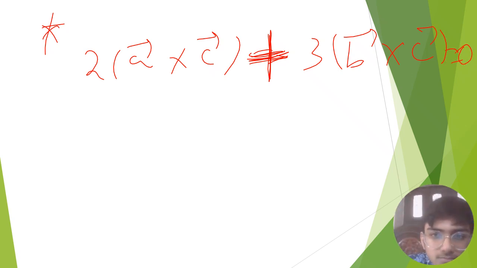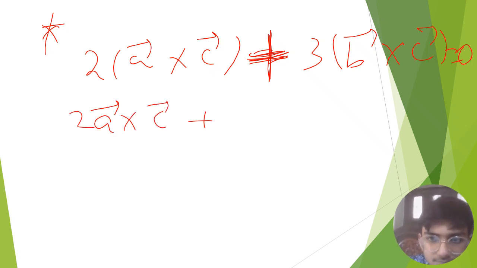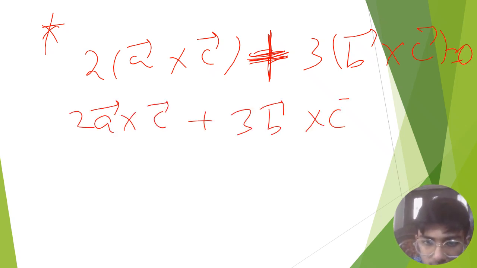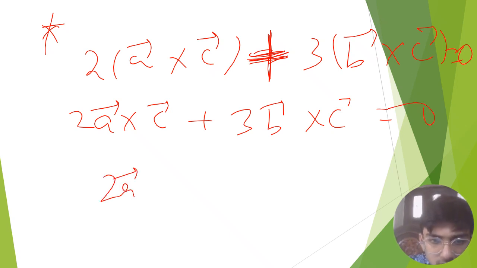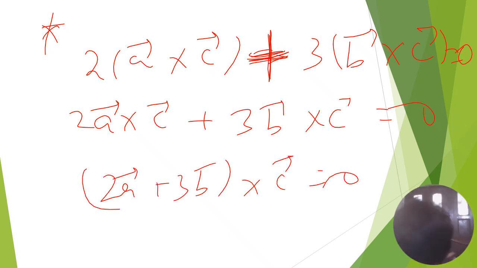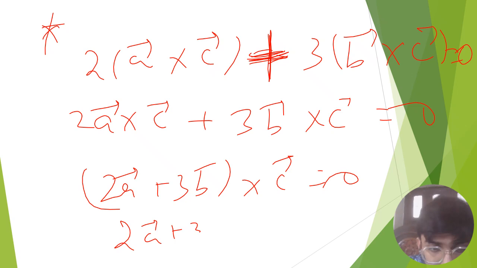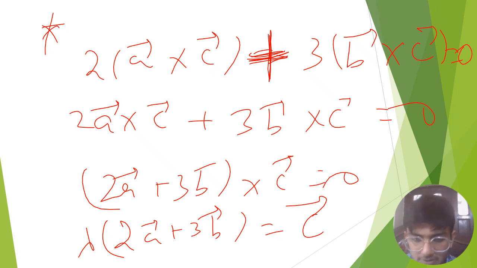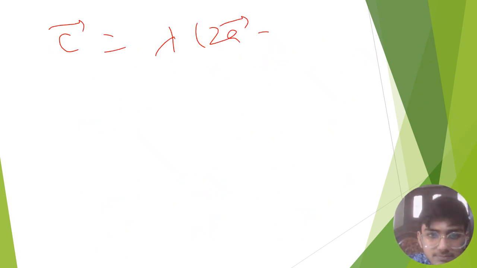So just take, you can use it like this: 2a plus 3b. Or you can say lambda times this is actually the C vector. C vector is lambda times 2a plus 3b.